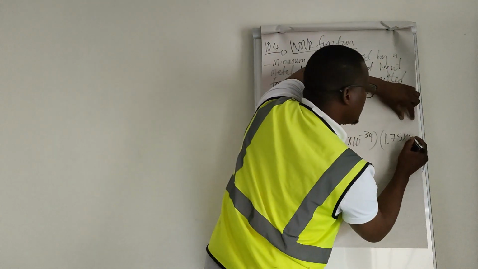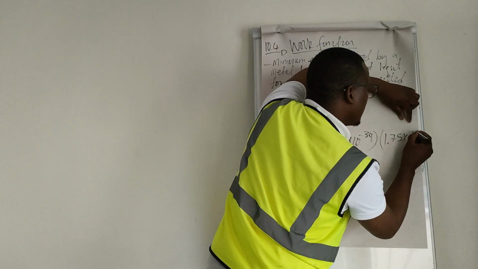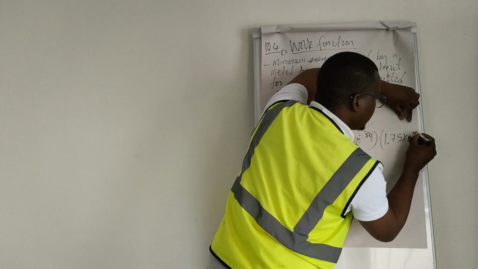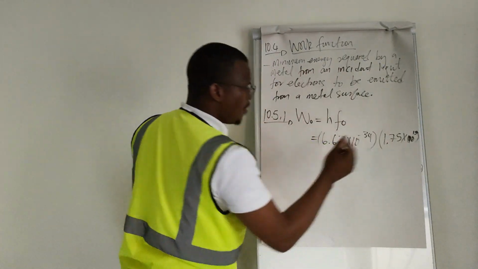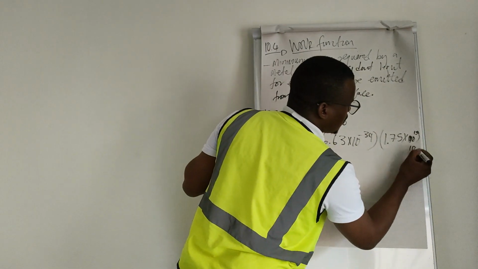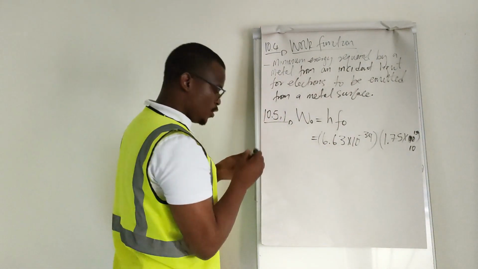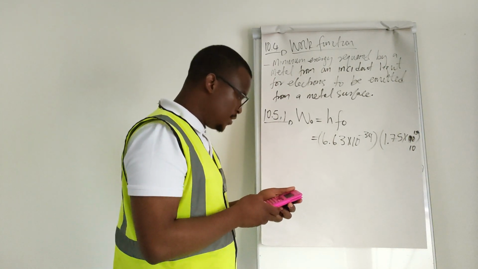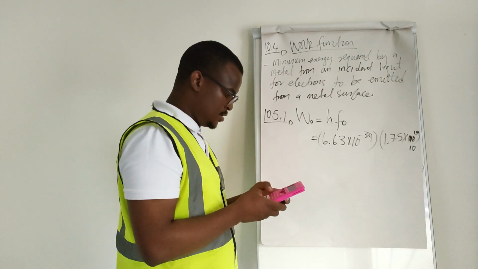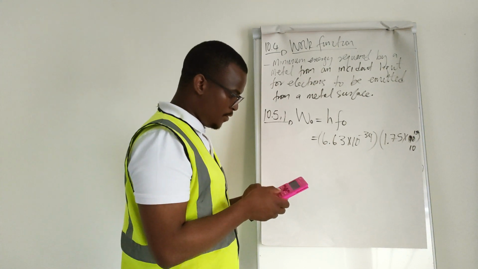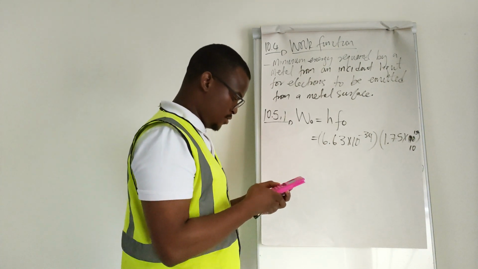So you can punch this in a calculator: 6.63 times 10 to the minus 34 times 1.75 times 10 to the power 15.